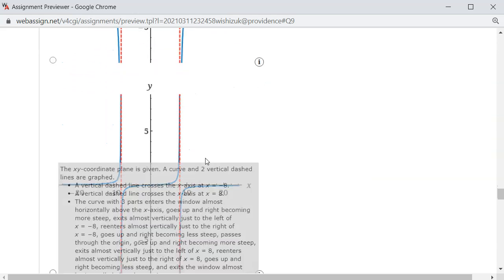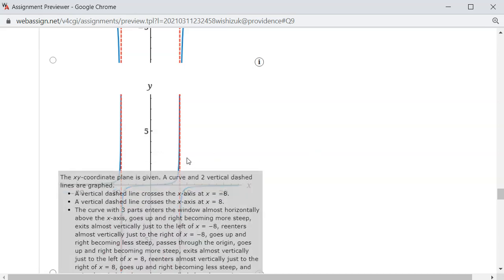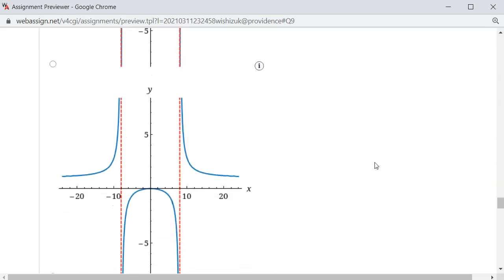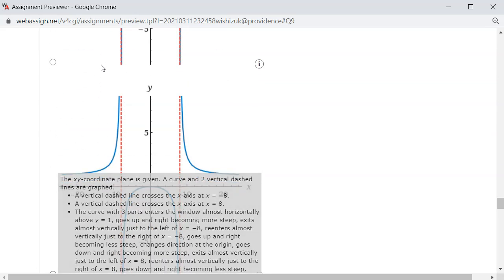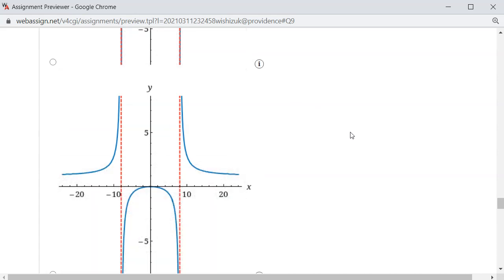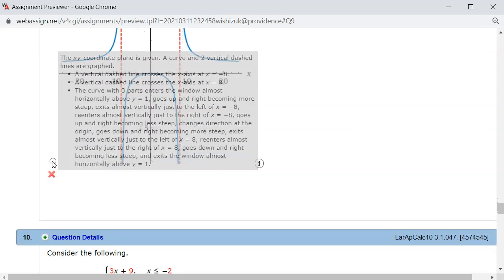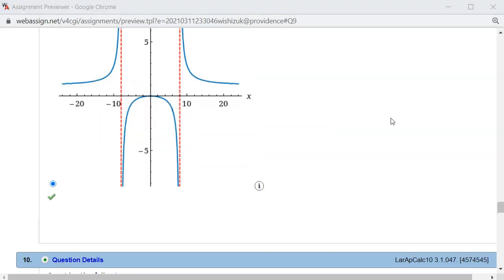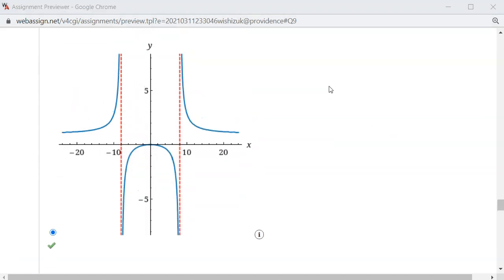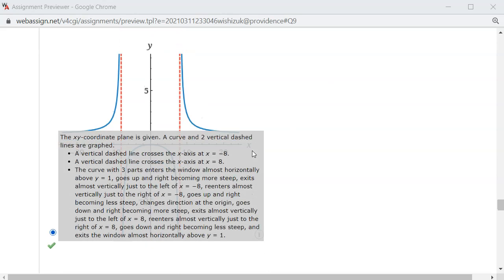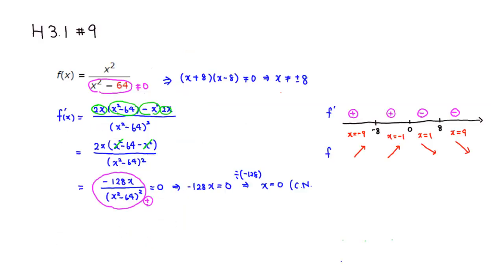This one is increasing, but after that it's still increasing, so this is not it. This one is increasing before 0 and decreasing after 0, so this is probably the correct picture. Let's check the answer. It came back, and looks like we got the graph correctly as well. That's it. I hope that this was clear.